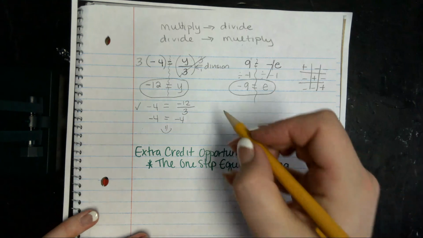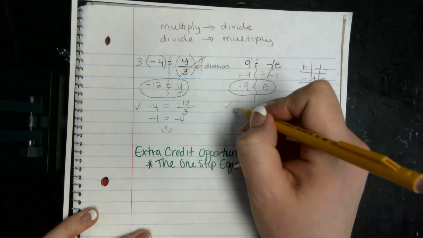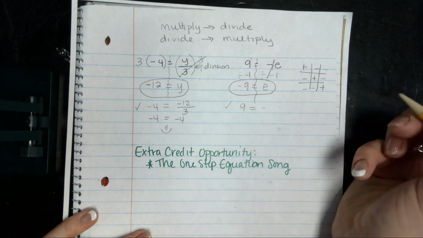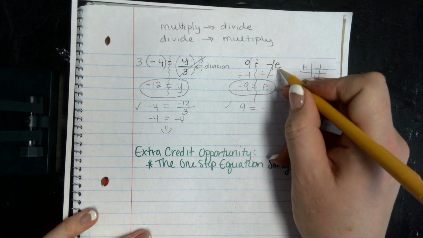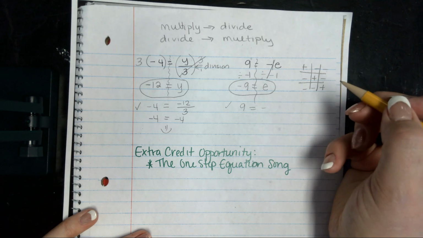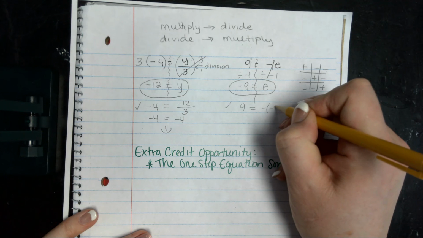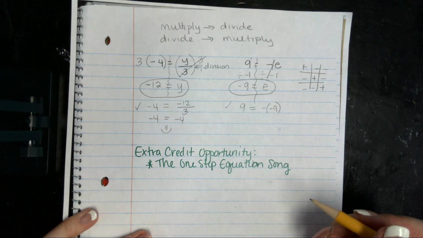Next, our final thing is we have to check this. So I'm going to rewrite this. I'm going to go 9 equals negative, and then my e, because my e and my negative are so close together, I'm going to separate them by a parentheses, because that also, once again, means multiplication.